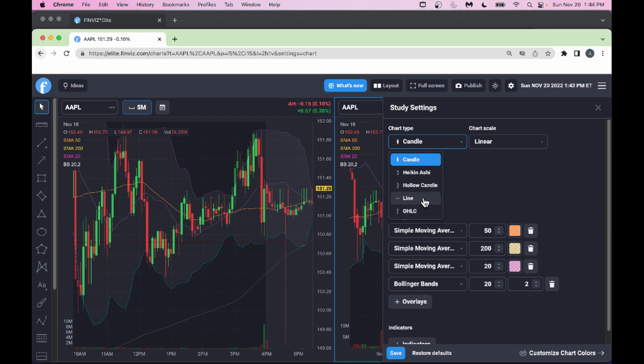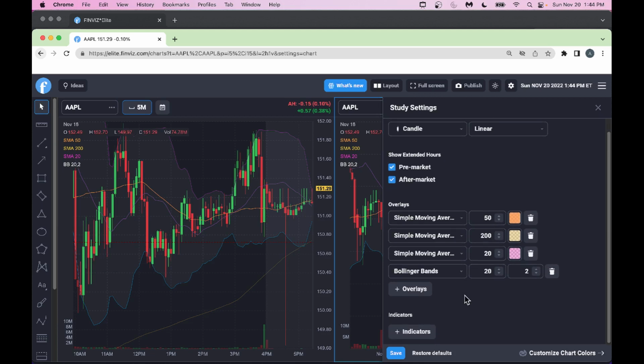For this example, we would stay with the candlestick here, and then you could go into, do you want to see pre-market and after-market? Especially if you got Finviz Elite membership, you could look at pre-market and after-market, my favorite. And then you could look at various overlays. By default, it will give you 50, 200, and 20. And I added Bollinger Bands. You don't need to worry about Bollinger Bands. You might do something different.